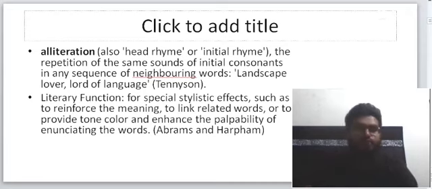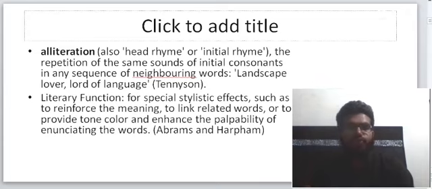Some are most commonly used in drama, some are general to all genres of literature, all types of literature, all forms of literature. So, alliteration is most commonly used in poetry because it creates a certain sound effect in those lines in which this device is used. So, what is the literary function of alliteration?